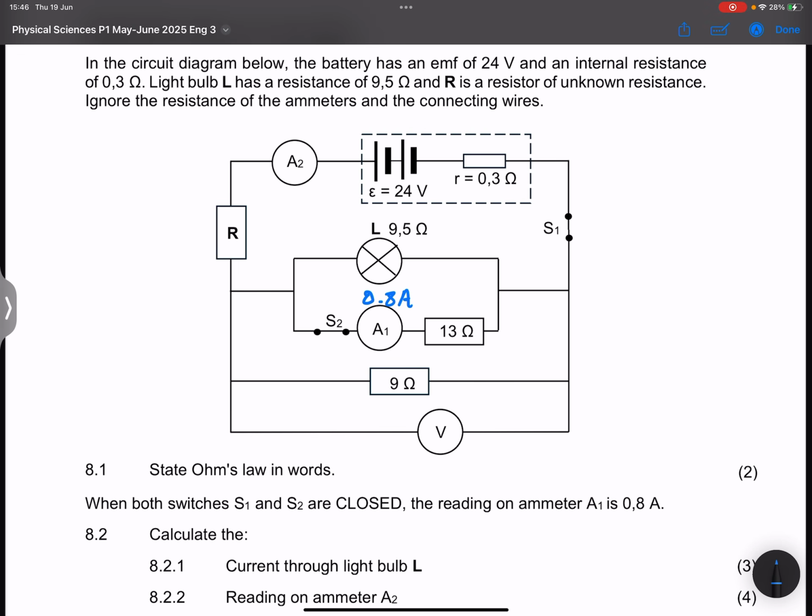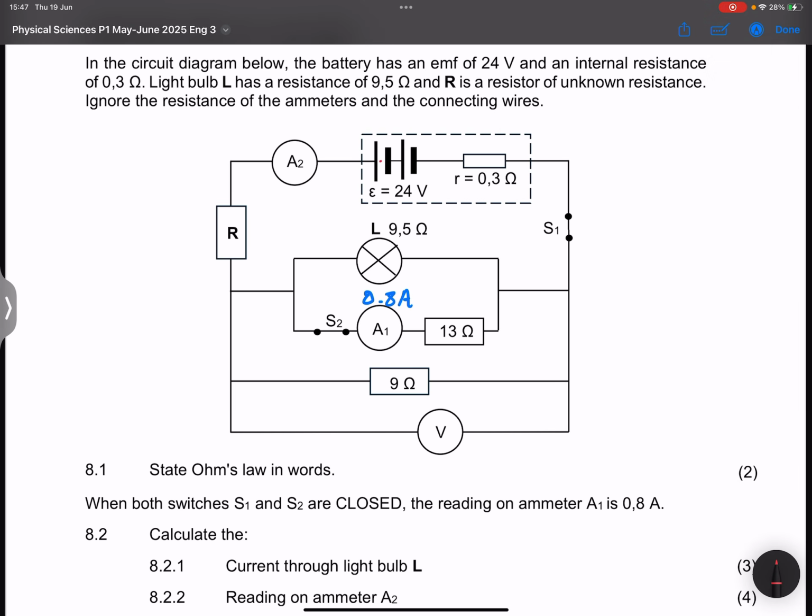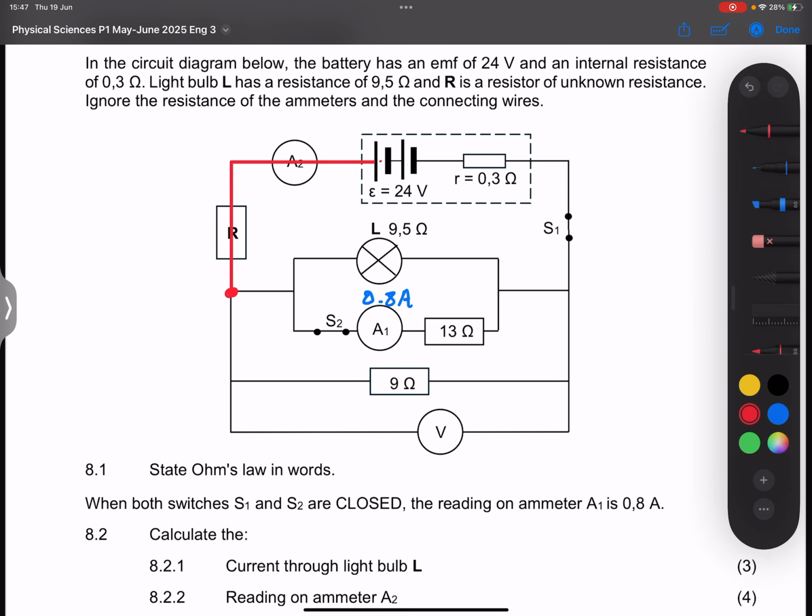First of all, what I always do, ladies and gents, is that when I look at a circuit, I always want to break it down in terms of which current goes where. So the total current would go all the way up until this node over here. And what happens? Then our current would divide.